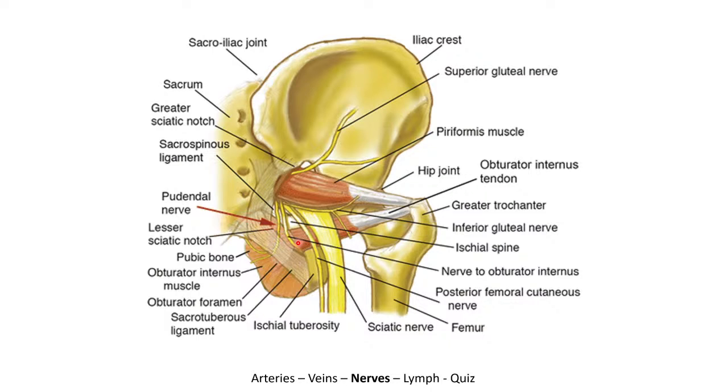And this is also very important because if you want to have a pudendal nerve block, you palpate for the spina ischiadica, and because you know the pudendal nerve runs right above it or actually around it, you can administer the anesthetic there, and then you will receive a pudendal nerve block.